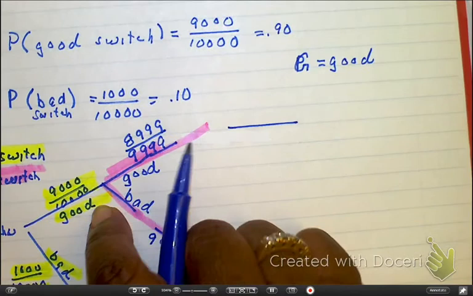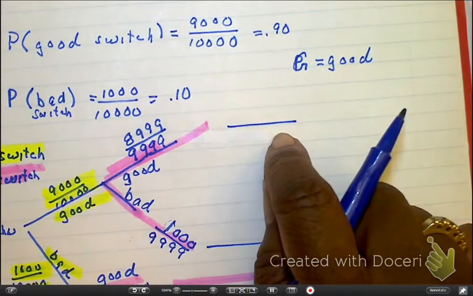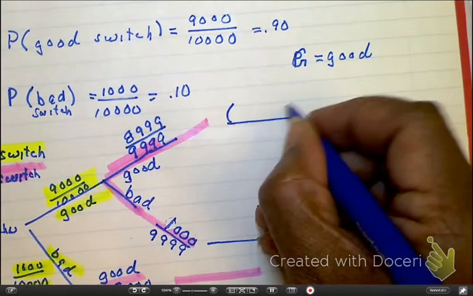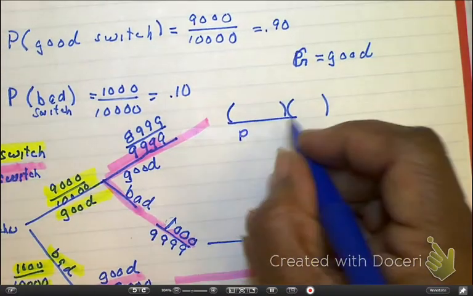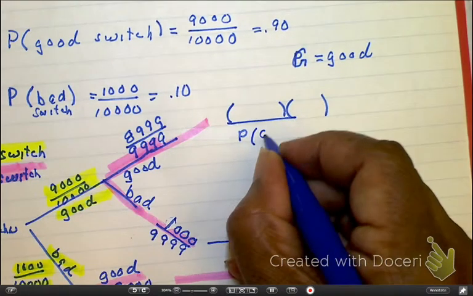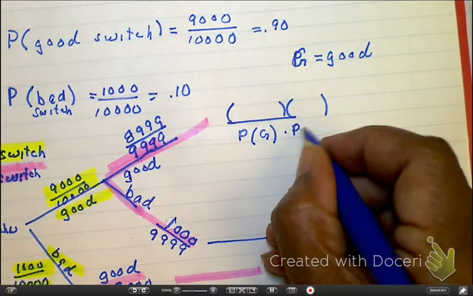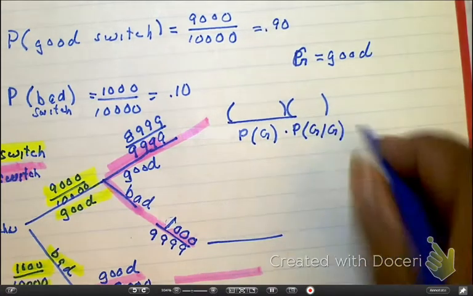When these two things are multiplied, once you find that out, whatever it is, that times that, this is the product of the probability of the good times the probability of the good given that you chose a good.